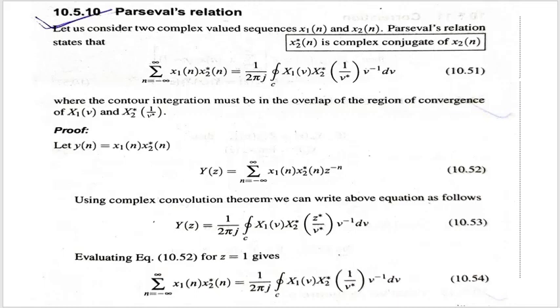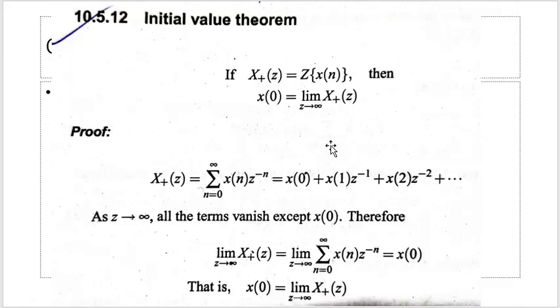Then the next property is the initial value theorem. These are the two important properties. Up to now, the 11 properties that we have seen exist for the other two units also, like Fourier series and Fourier transform, where the same properties will come.